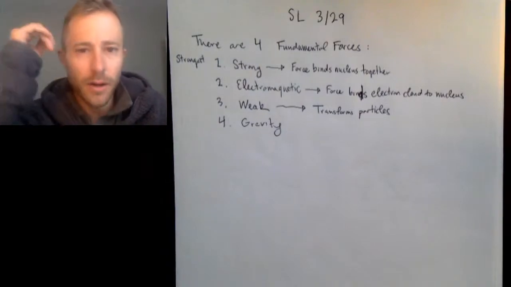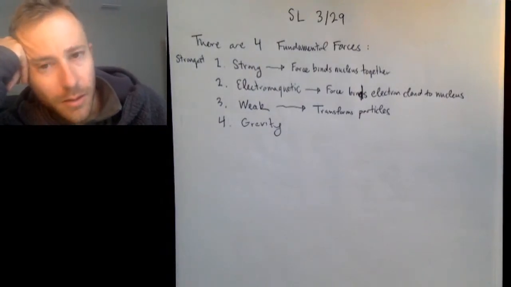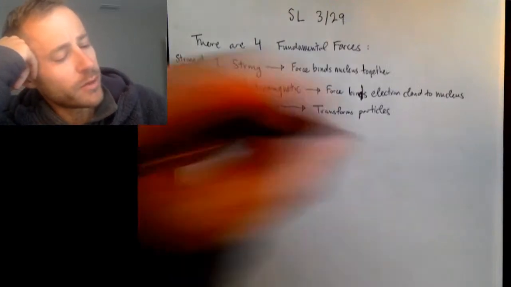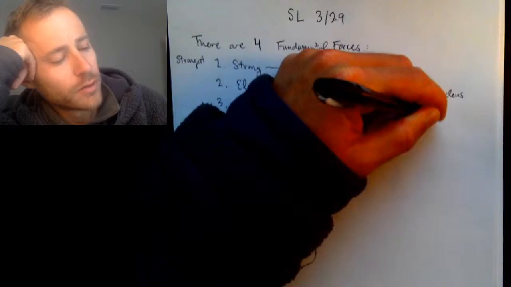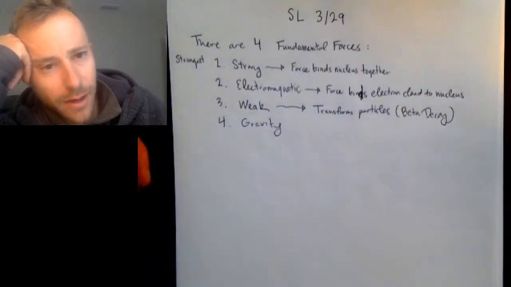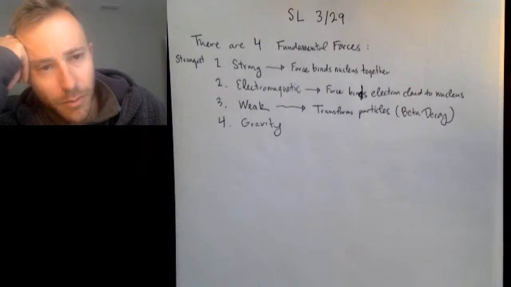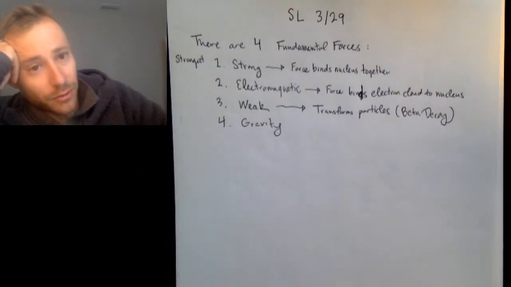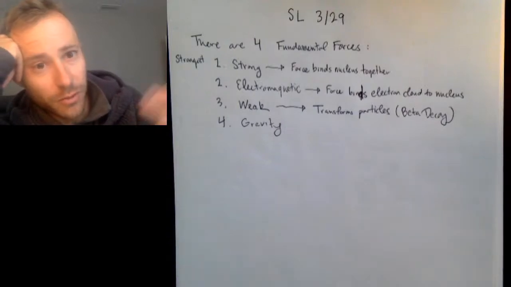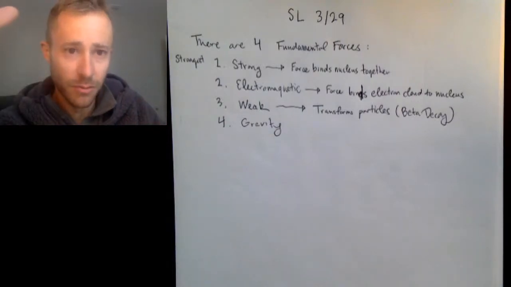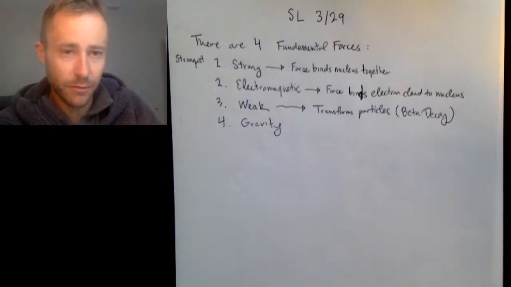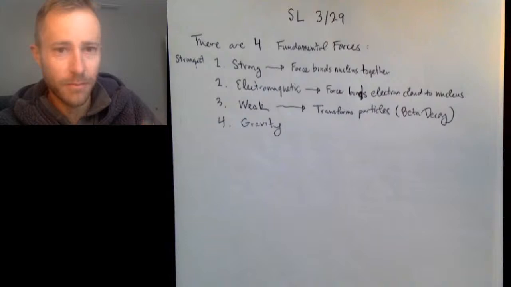For example, it's involved in beta decay. Remember, you have either beta plus or beta minus particles produced along with neutrinos. In that process, protons are converting into neutrons or neutrons into protons. So it changes the identity of particles.